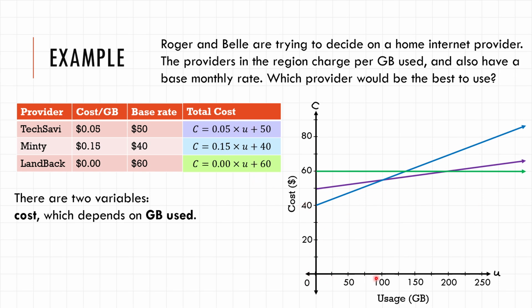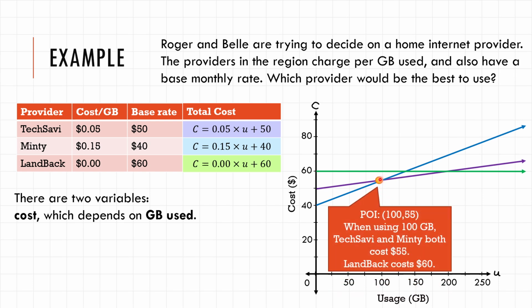Going from left to right, the first place that they intersect each other is here. This point of intersection is at (100, 55). The x or the u value is 100. The c value is 55.